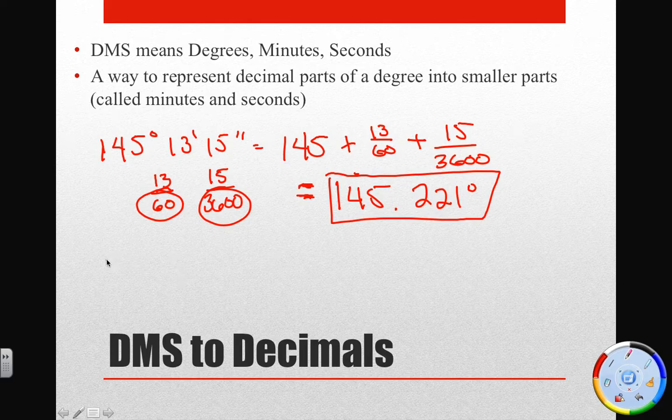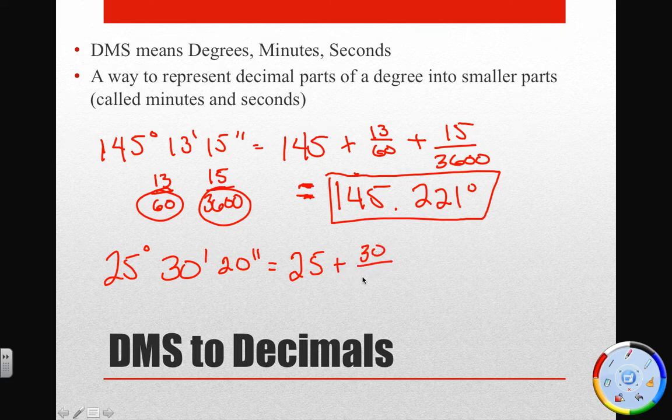Let's try another one here. Let's go 25 degrees, 30 minutes, and 20 seconds. If we understood that, we know we have 25 degrees and 30 minutes out of a possible 60 and 20 seconds out of a possible 3600.